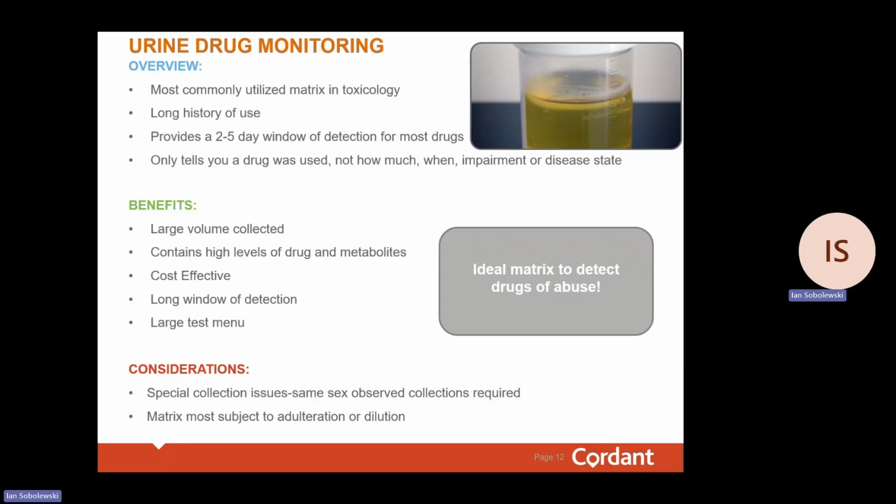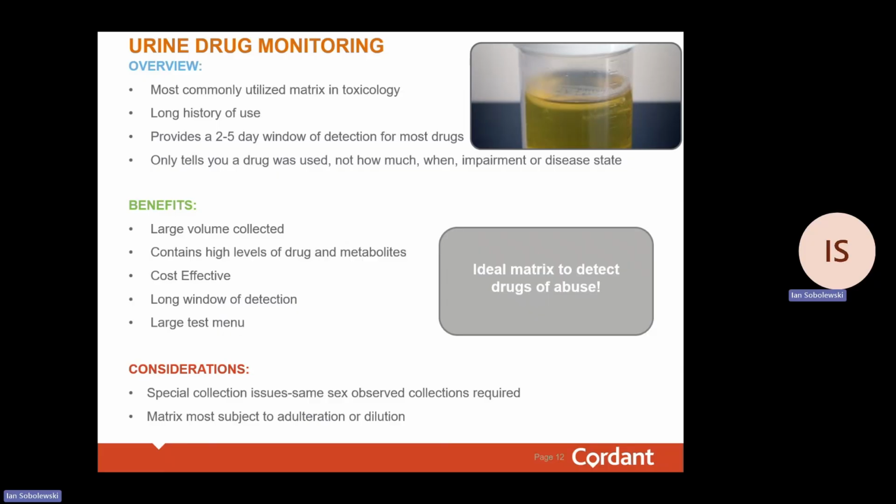So taking a closer look at urine, again, urine is the most commonly utilized matrix in toxicology. We have a long history of use, and it provides us a good detection window for most drugs, again, 2 to 5 days. Some benefits to take into consideration is that typically we have a large volume that's been collected, so you don't have to worry about running out of specimen too much if there's a lot of confirmations or additional testing that needs to be done.